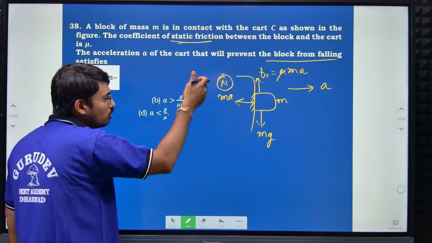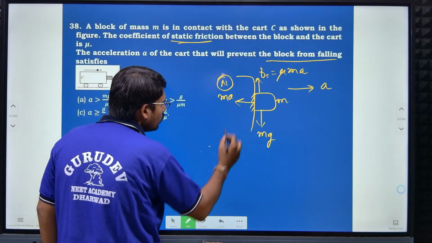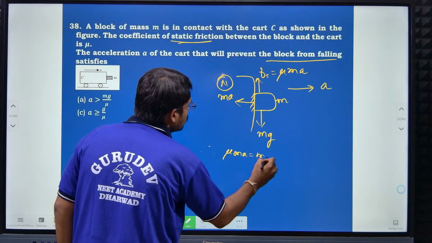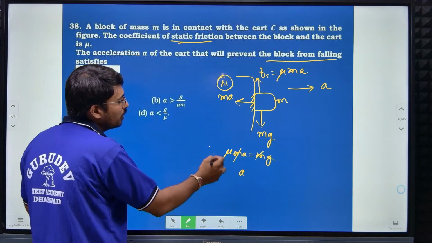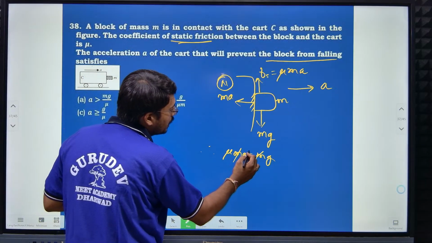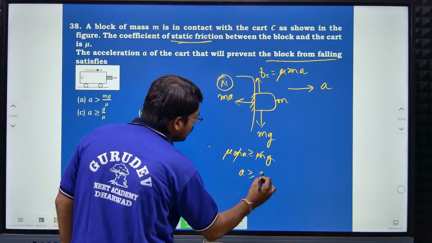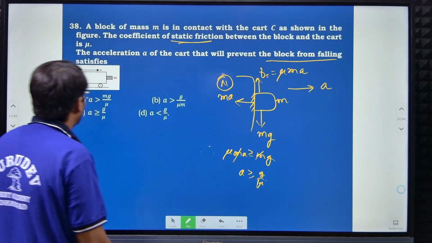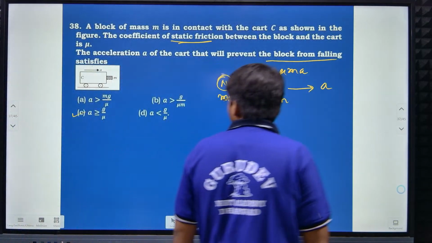If the block is not falling downward, that implies mu ma equals mg, and m will get cancelled. So what is the acceleration? It will be greater than or equal to g divided by mu. Therefore option C is the right answer.